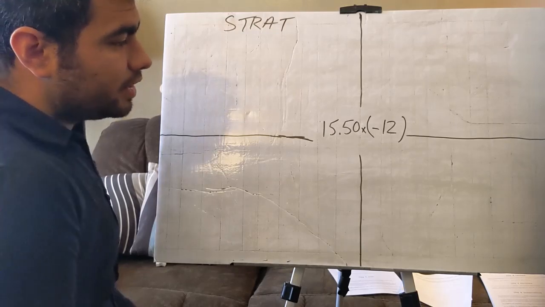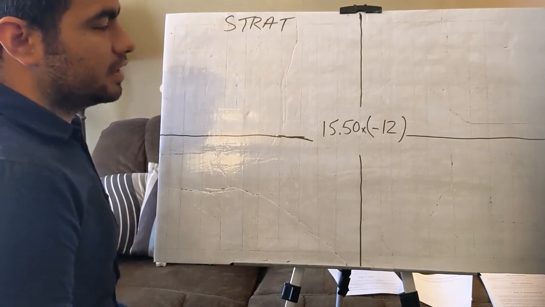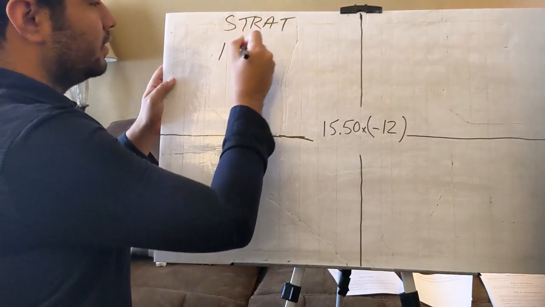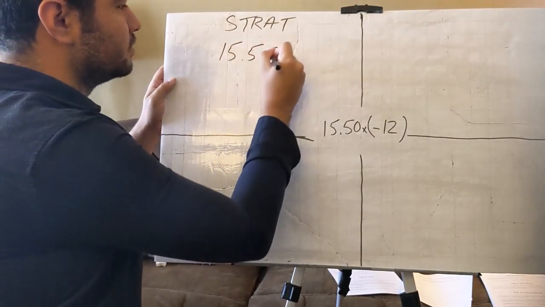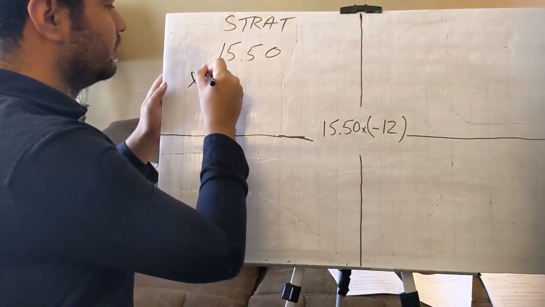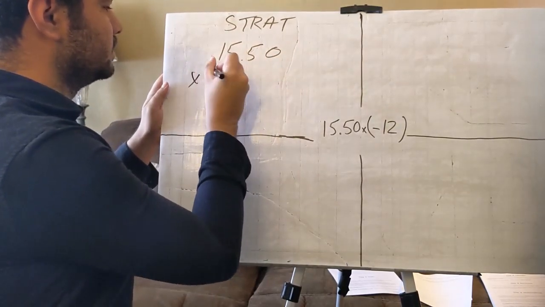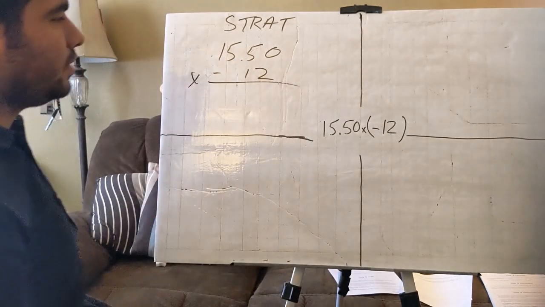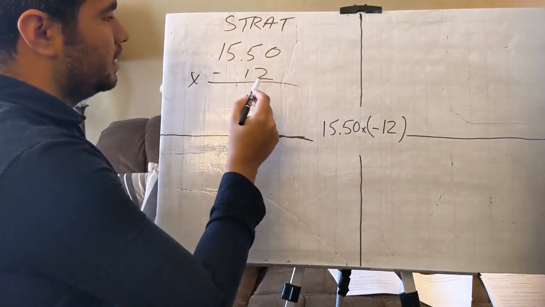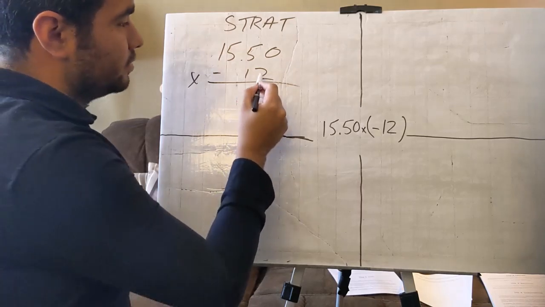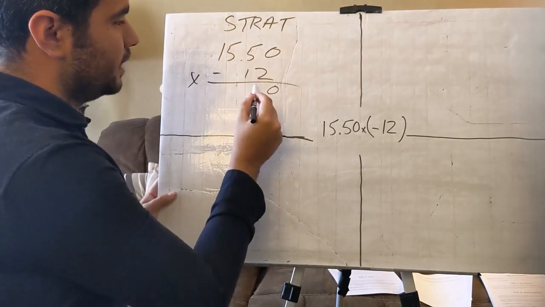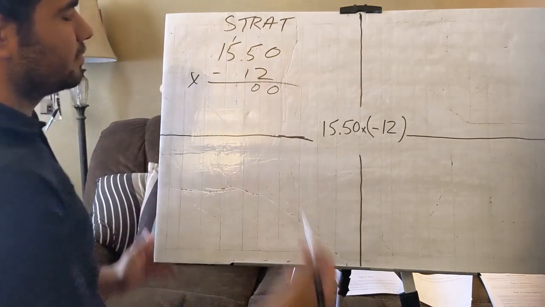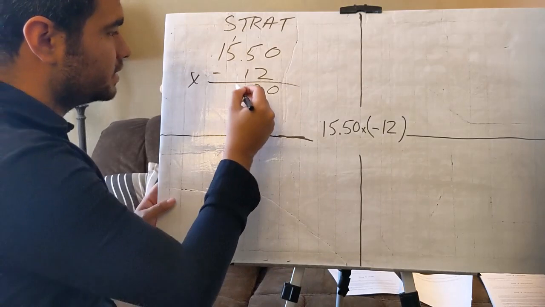We've done number lines. We've done splitting and chunking our numbers up. Here, I think we'll just go back to basics and multiply just like how we normally do. So this is going to be a negative 12. 2 times 0 is going to be 0. 2 times 5 is going to be 10, so we carry the 1. 2 times 5 is going to give us 10, that's going to be 11.